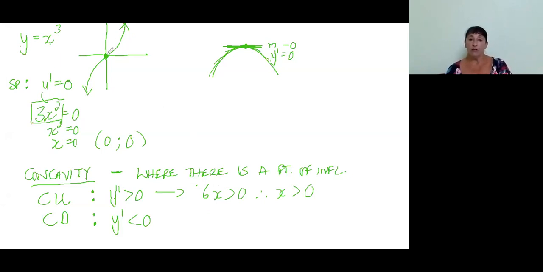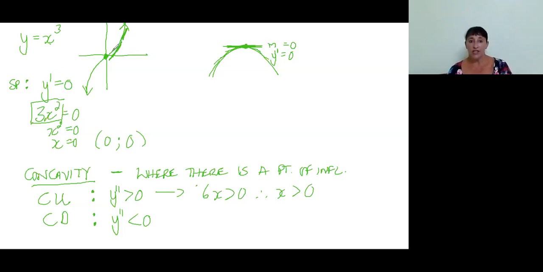Now, if you look at the graph, x greater than 0 is on the right-hand side, on the positive x-axis. So it's this graph. And you'll notice that if you draw a tangent to the graph anywhere on the positive x-axis side, the graph is above the tangent.